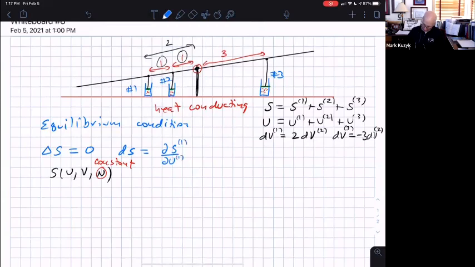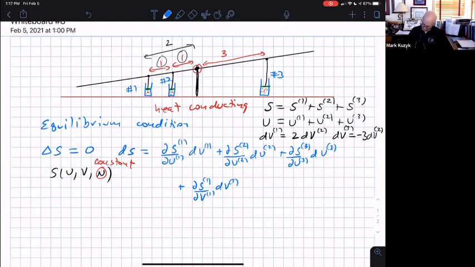So I'll have system 1 here, dU1, plus the partial of system 2's entropy with respect to its energy, dU2, plus the partial of S3 with respect to U3, dU3, plus the partial of S1 with respect to V1, dV1, plus the partial of S2 with respect to V2, dV2, plus the partial of S3 with respect to V3, dV3.